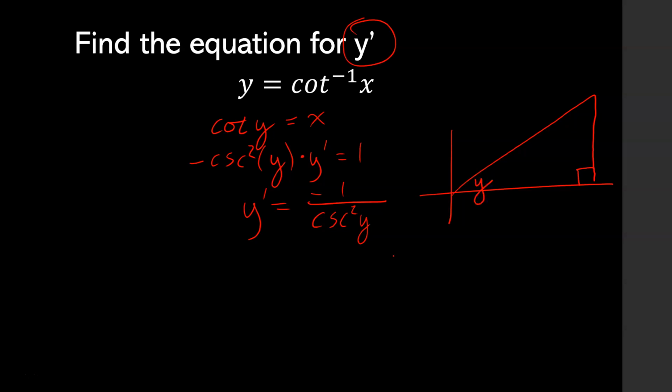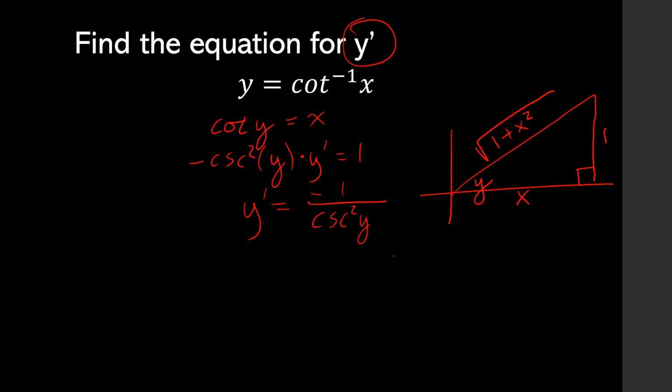Cotangent of the angle y gives me x, so the length of the side adjacent to our angle is x, and the length of the side opposite is 1. The hypotenuse has a length of 1 plus x squared inside a square root. Let's see. What's cosecant?